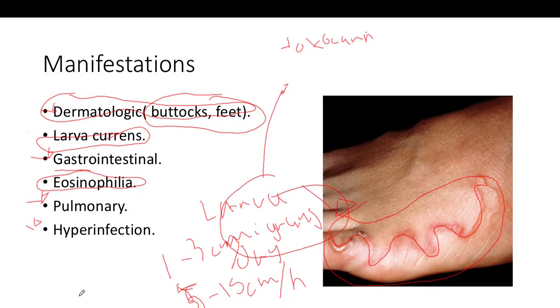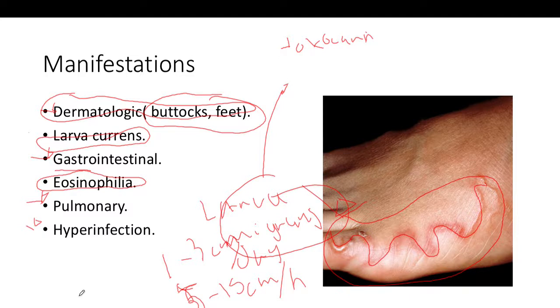Okay, but which patients are going to be more symptomatic and present more robust clinical findings? Well, these are going to be immunosuppressed patients, and there's something called hyperinfection, which is mainly seen in immunosuppressed patients. Okay, and what is it? It is the rapid proliferation of the life cycle of the parasite in the immunosuppressed individual, mainly because it can't fight the infection.